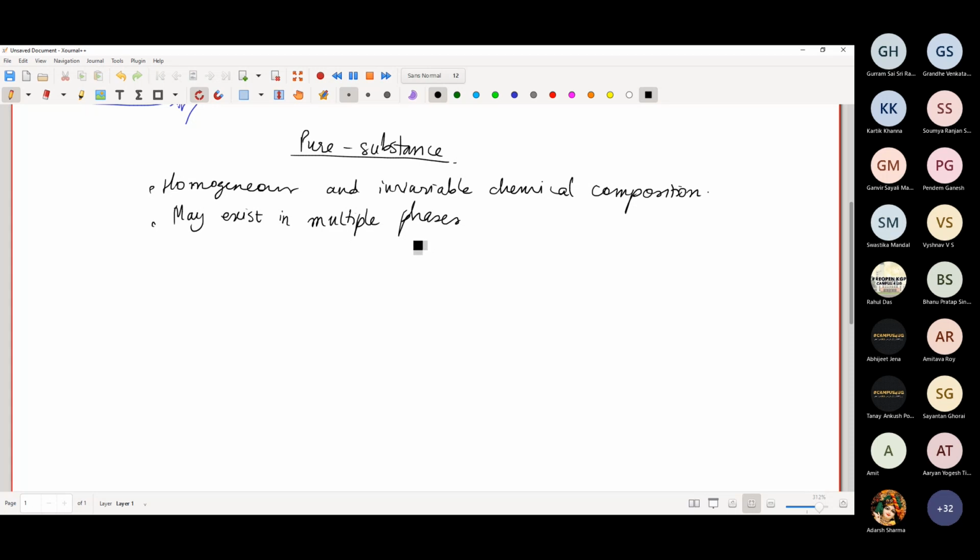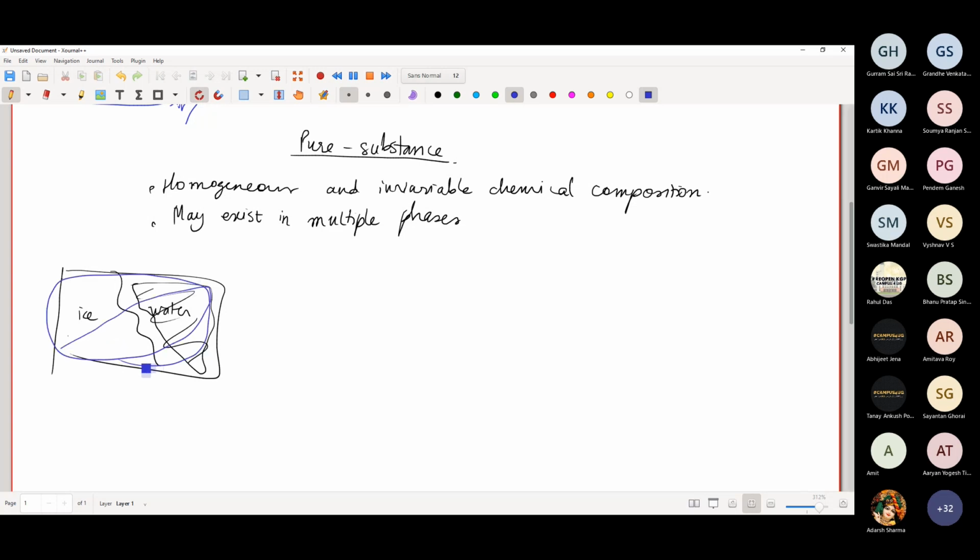So what do we mean by homogeneous? In space, for a given phase, say suppose this is ice, this is water. Wherever that phase exists, the properties are uniform throughout. Similarly, for invariable chemical composition, the chemical composition throughout will be equal, that is H2O.